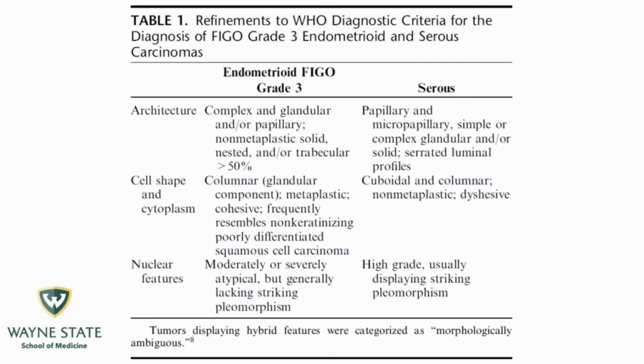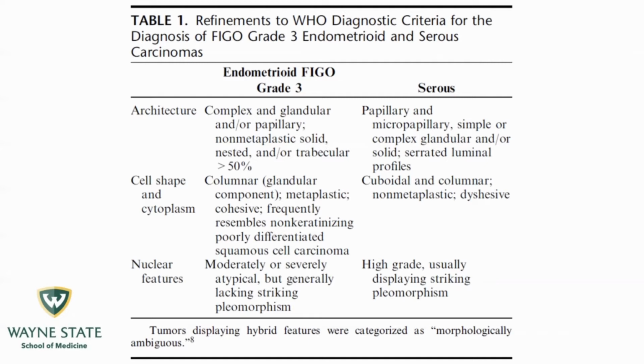I always go back to this table from Dr. Soslow from Sloan Kettering, and it helps differentiate between FIGO grade 3 endometrioid and serous carcinoma because there is so much overlap between both of them.